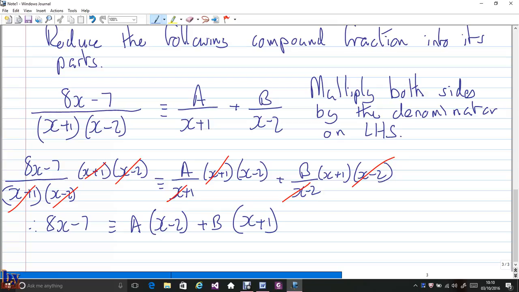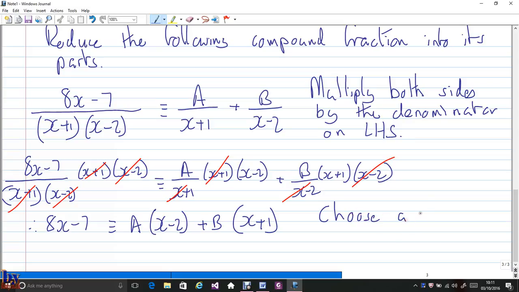So that's it. It might seem complicated at first, but once you go through one or two of these, I think you'll find it's quite a simple process, and you should be able to cope with it. So like I say, we're going to choose a value of x to get rid of one of the expressions. Choose a value of x to let one of the brackets equal 0. So let's just put that here.